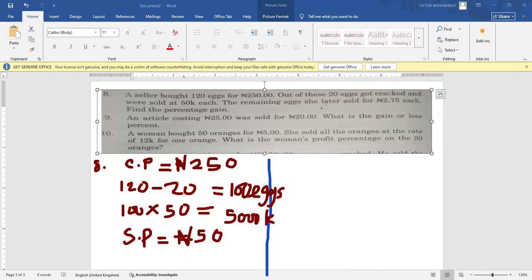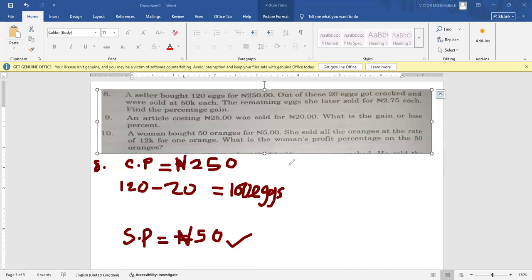The remaining eggs, she later sold for 2 naira 5 kobo each. Okay, fine. The ones that were cracked were sold at this amount, but the ones that were in good condition. All right, so I think there's a little tweak to the question. So I'm going to resolve this again. Sorry about that. I did not pay attention to the question.